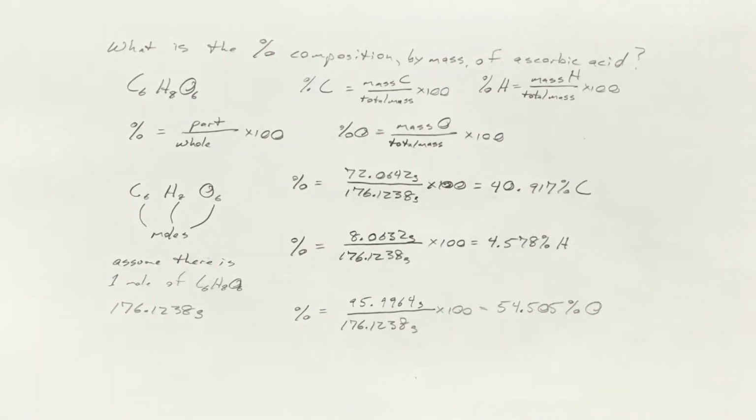So, the percent composition by mass of carbon in ascorbic acid is 40.917%. The percent composition by mass of hydrogen in ascorbic acid is 4.578%, and the percent composition of oxygen in ascorbic acid is 54.505%.